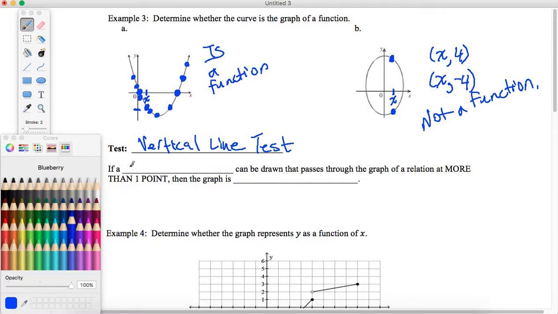Okay. So if a vertical line can be drawn that passes through the graph of a relation at more than one point, kind of like in this example here, if I look at that vertical line, it crosses at this point and at that point right there, then the graph is not a function.